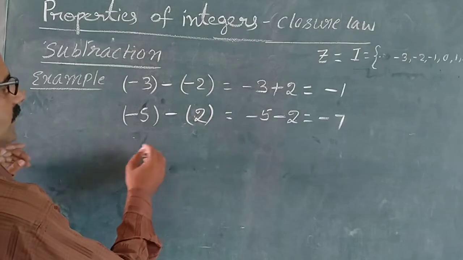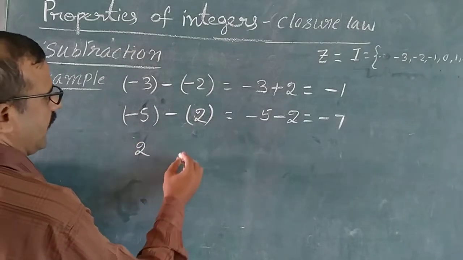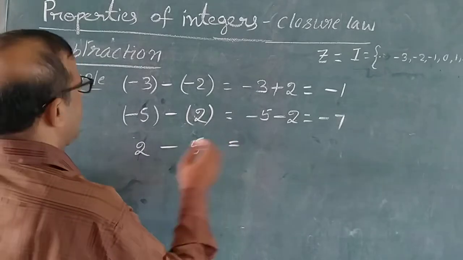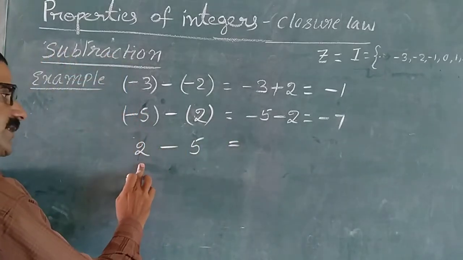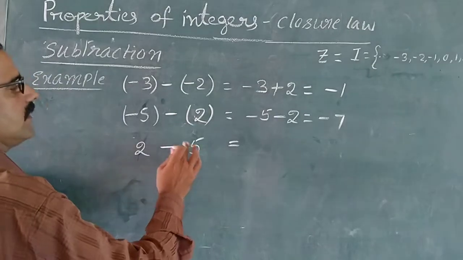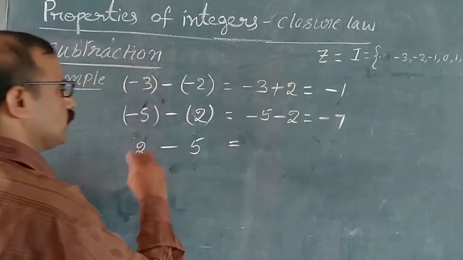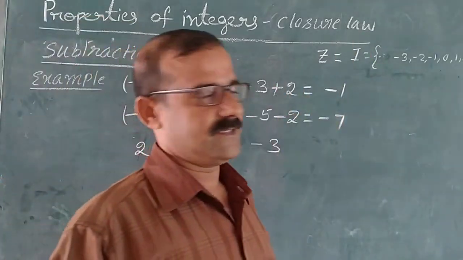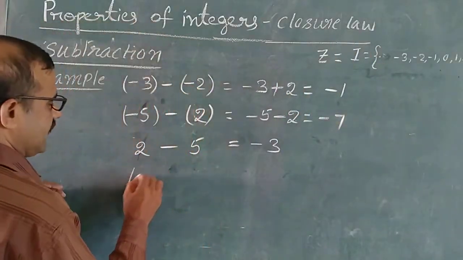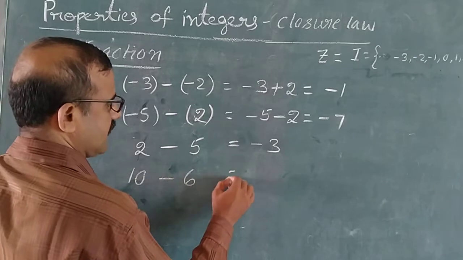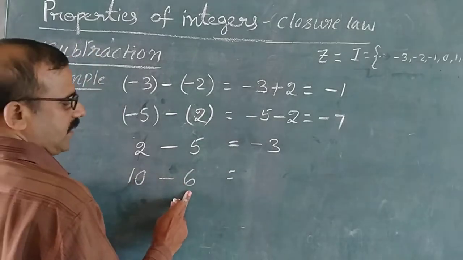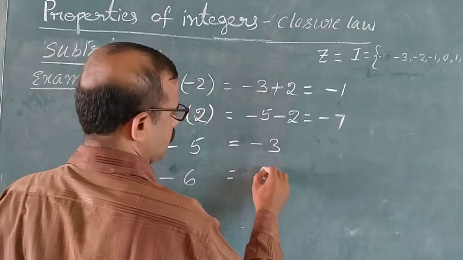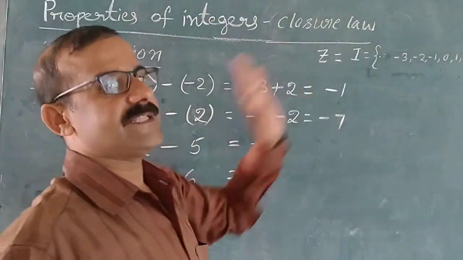Next one, take positives 2 and 5. So 2 minus 5, because it is subtraction. 2 is a positive integer, 5 is also a positive integer, selected from the set of integers. So 2 minus 5 equals -3, which is also an integer. Next, 10 minus 6. 10 is a positive integer, 6 is also a positive integer. Subtraction: 10 minus 6 equals 4, and 4 is also an integer.